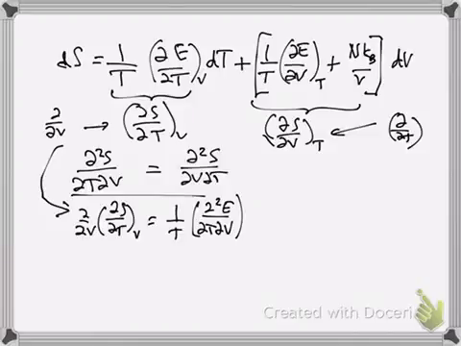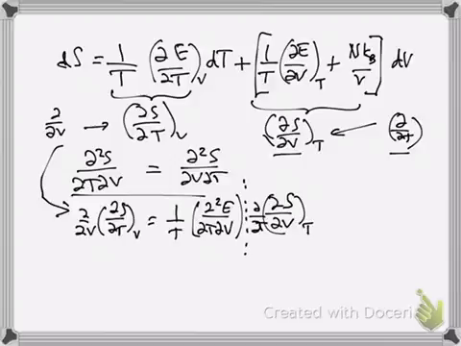And now I'm going to take this thing, and I'm going to take its temperature derivative, right? And that's going to give me two terms. First, partial s, partial v with respect to t, and I'm going to take a derivative with respect to temperature of that thing. If I take a temperature derivative of this bit, what am I going to get? I'm going to have two terms.